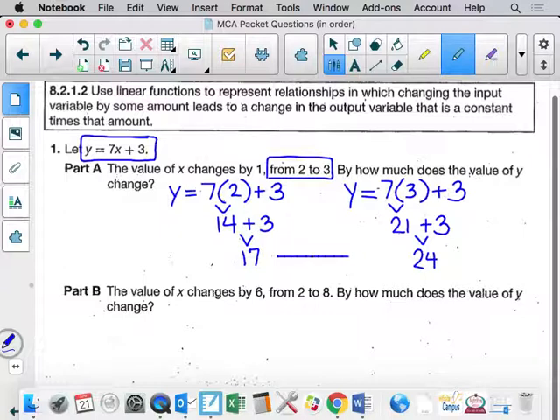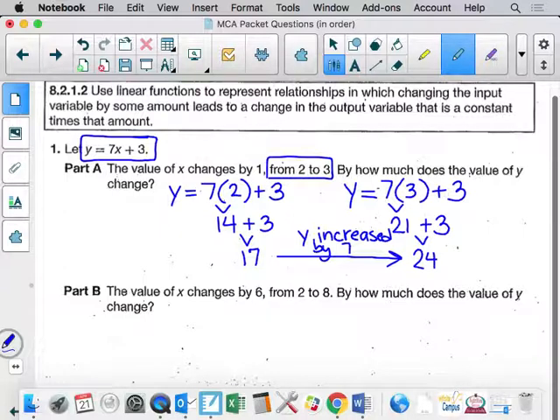So what has happened to y is y increased by 7. So increasing x by 1 resulted in an increase of 7 for y.